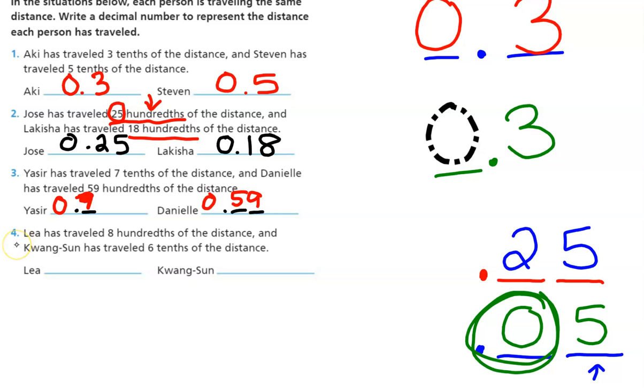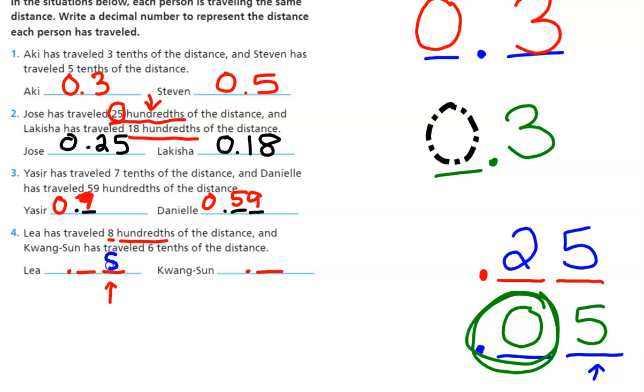So then for number 4, Leah has traveled 8/100 of the distance, and Kwang Sun has traveled 6/10 of the distance. Ooh, this is kind of what I was just talking about. Do you see where it says Leah traveled 8/100? That tells me that Leah's number needs to end in the hundredths place. And then Kwang Sun has traveled 6/10, so I need my answer to end in the tenths place.